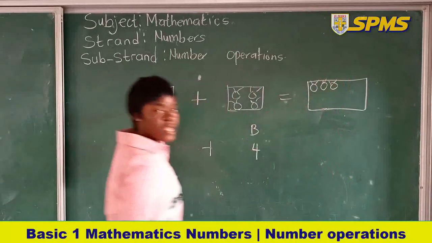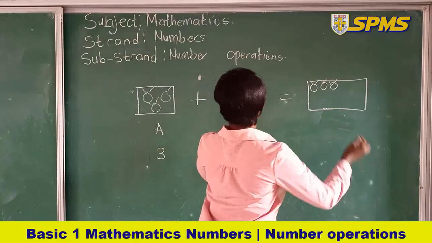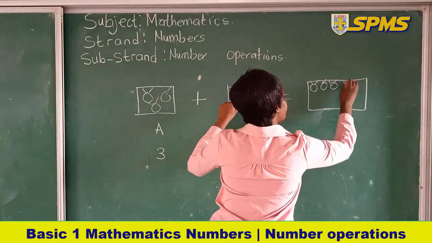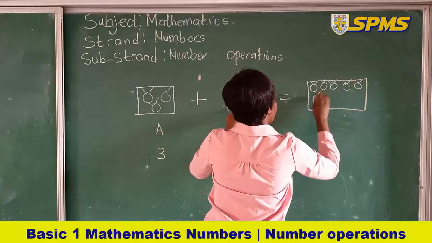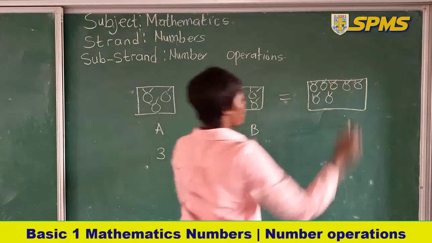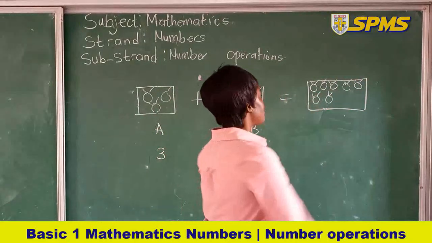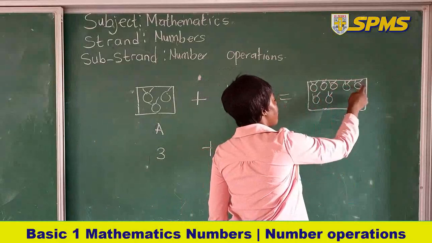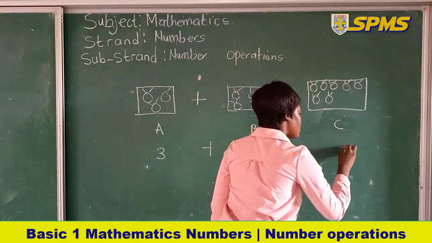Now let's move on. We've exhausted column A. Let's move on to B: 1, 2, 3, 4. Okay, we are done with this and that. Now let's count it: 1, 2, 3, 4, 5, 6, 7. So in C, we have 7.